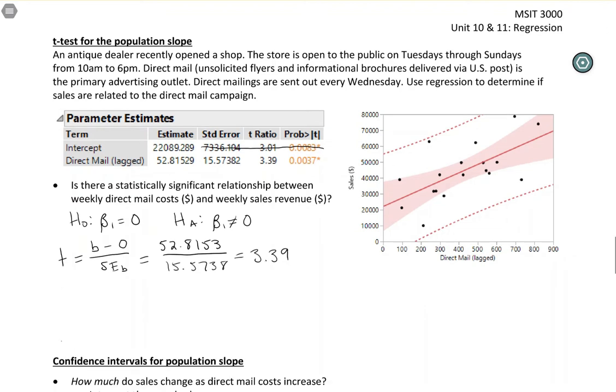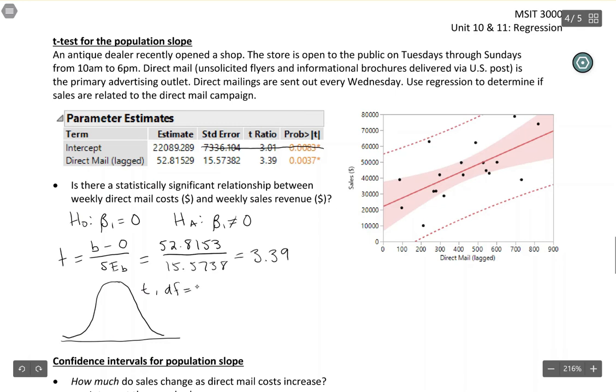And if we want to see where that p-value comes from, we can use our t distribution. So this is a t distribution. The degrees of freedom is going to be n minus 2. And the sample size, I didn't write it down here, but if you count the dots, the sample size is 18. So in this case, the n minus 2 would be 16 degrees of freedom.